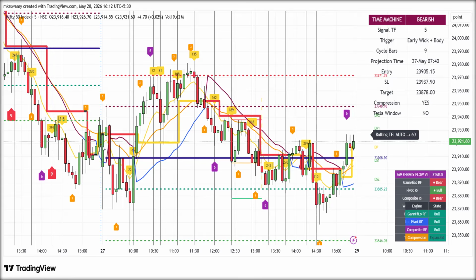See, at one point yesterday there was an exhaustion, in the 3:15 time window. I'm going to take you to the chart and show it to you clearly. So, 3 energy flow has been formed over here.